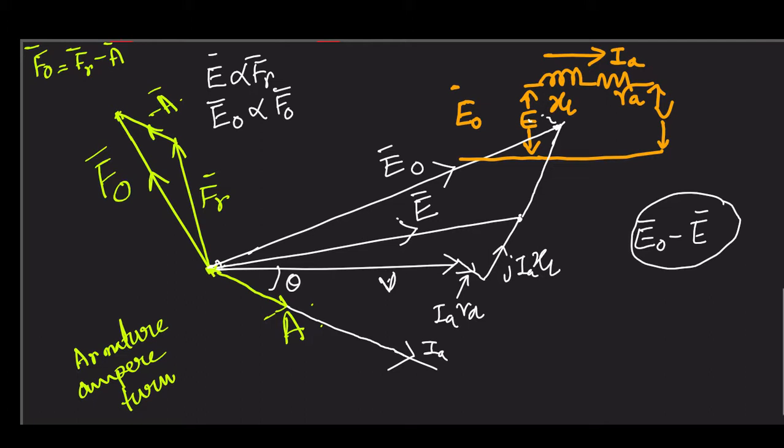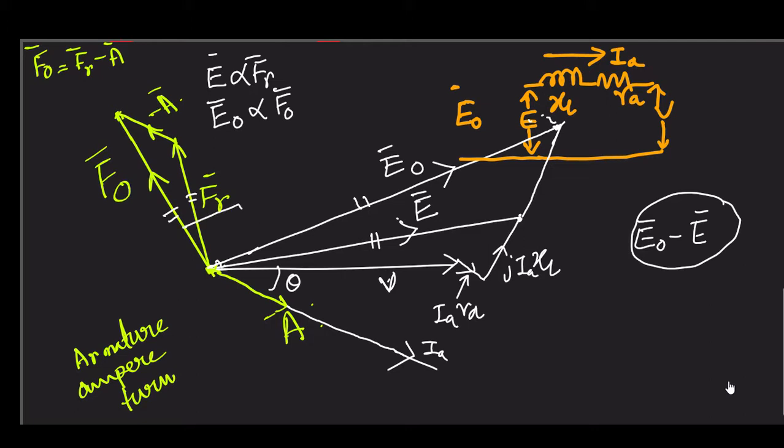Once you join the tip of E naught and E, what you will observe is that E naught is proportional to F naught. Now here you can see that E naught is lengthwise proportional to F naught and E is lengthwise proportional to Fr, because we are assuming a linear circuit.